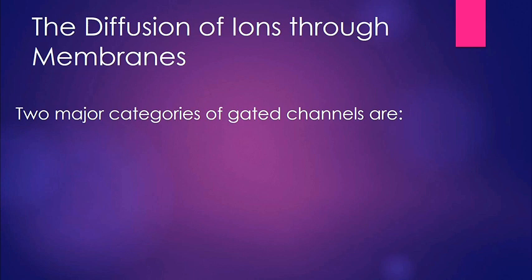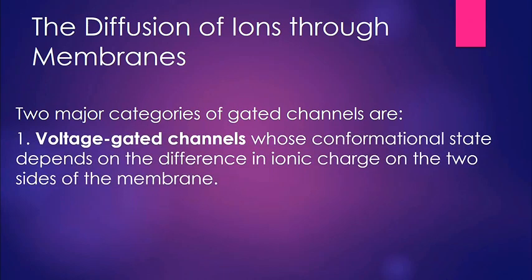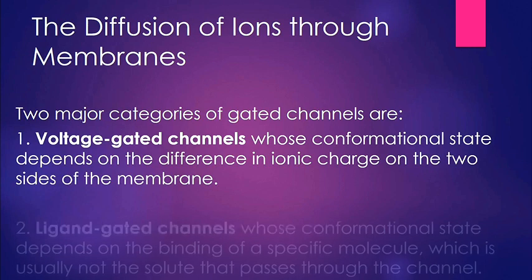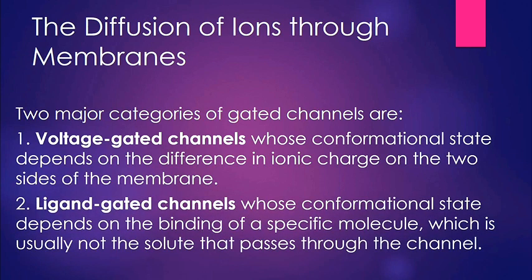Two major categories of gated channels are: number 1, voltage-gated channels, whose conformational state depends on the difference in ionic charge on the two sides of the membrane. And number 2, ligand-gated channels, whose conformational state depends on the binding of a specific molecule, which is usually not the solute that passes through the channel.